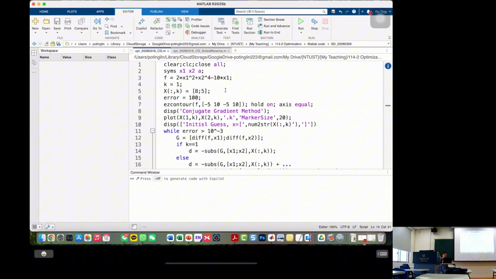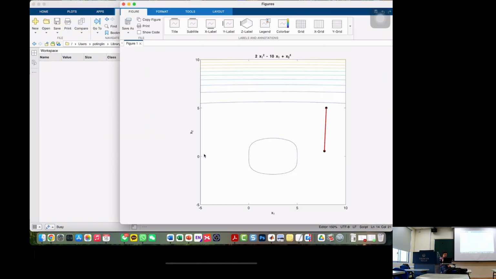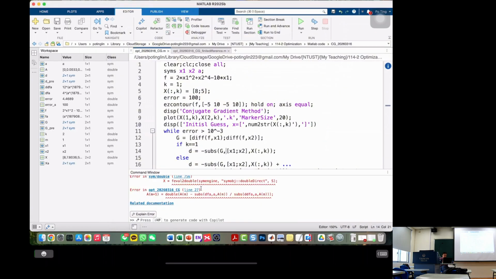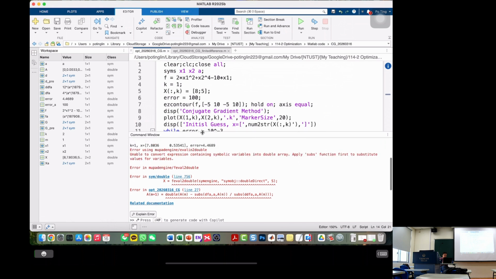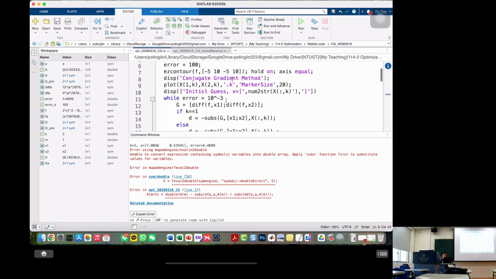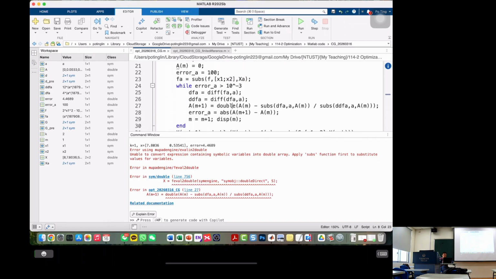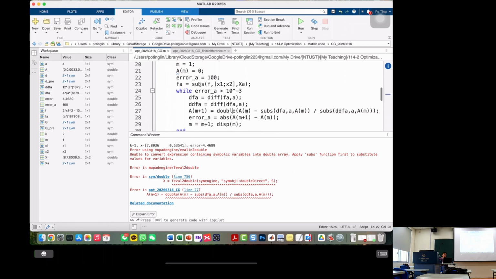Now let's take a look at how the solution process looks. Something's wrong. It's the symbolic code.